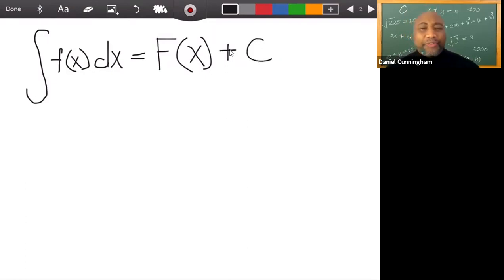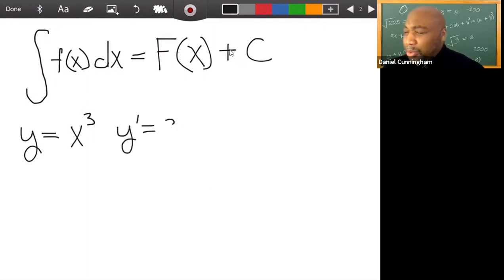This helps us find the antiderivative. Now let's go back to our previous example. We had y equal to, or f of x is equal to x cubed. The derivative of this, y prime, would be 3x squared.